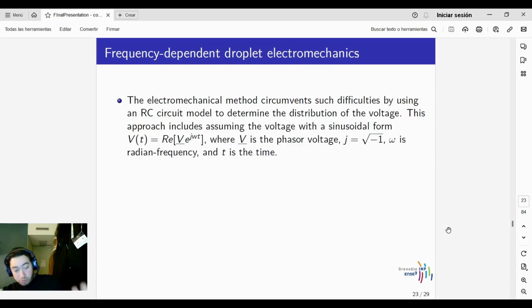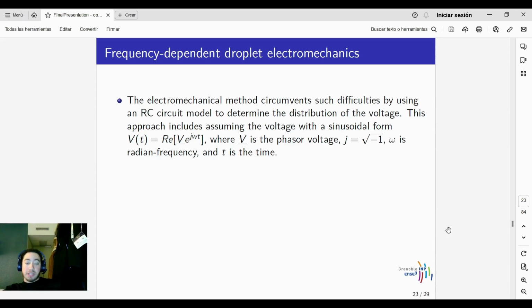So when we're studying this more complex scenario, we can tell that the electromechanical model that we exposed before by the author has difficulties if we only use the RC circuit model and want to introduce a change in the distribution of voltage.